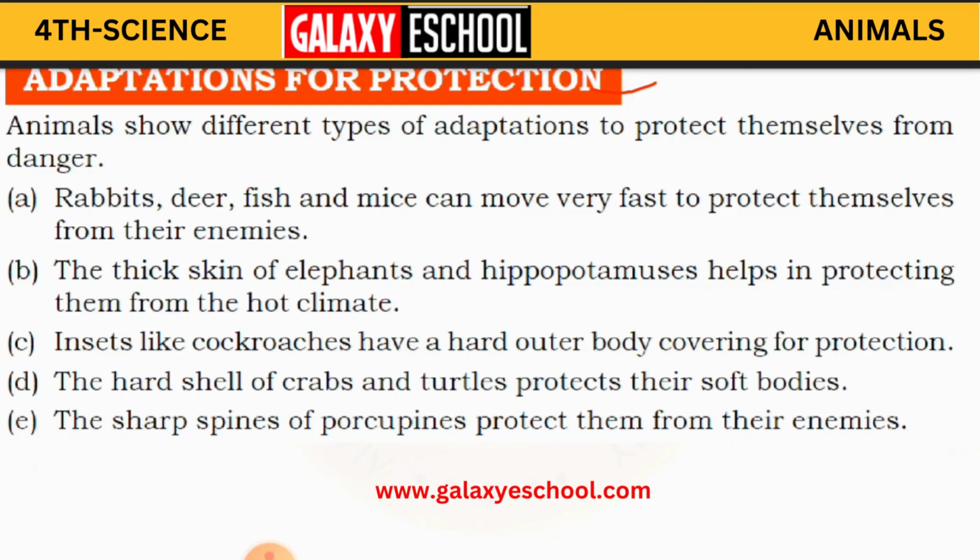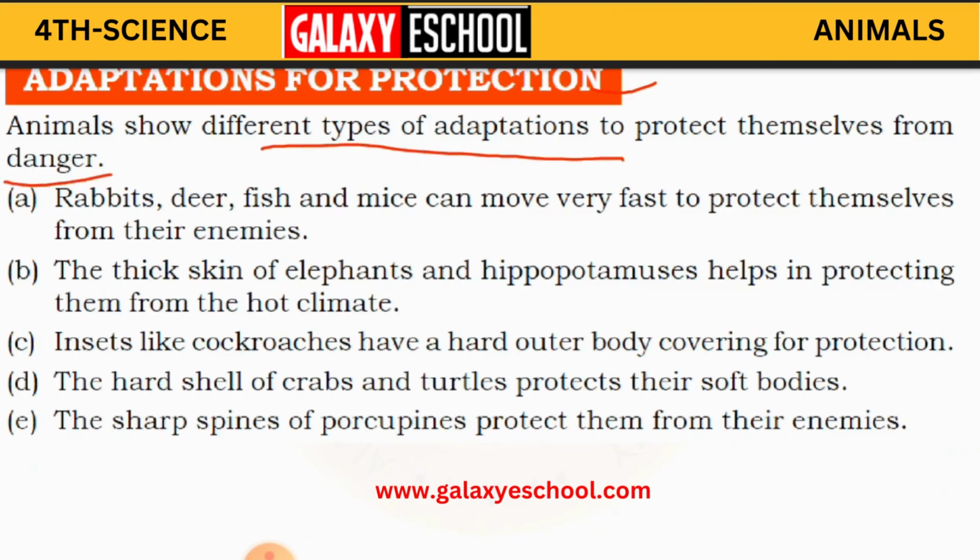Animals show different types of adaptations to protect themselves from danger. We have seen so many animals in the world, and different types of animals have different types of adaptations to protect themselves from danger.